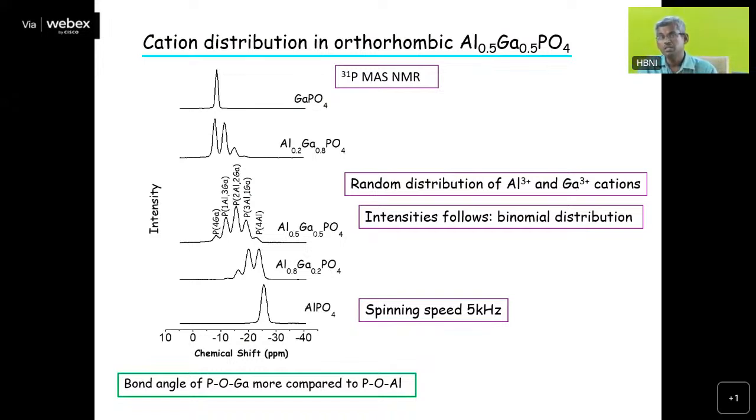How to predict the intensity pattern for other compositions, like aluminium 0.1, gallium 0.9, which I have not shown here. Similarly, aluminium 0.7, gallium 0.3. What is the NMR pattern, which I have not shown here? You have to predict it and then submit the assignment.